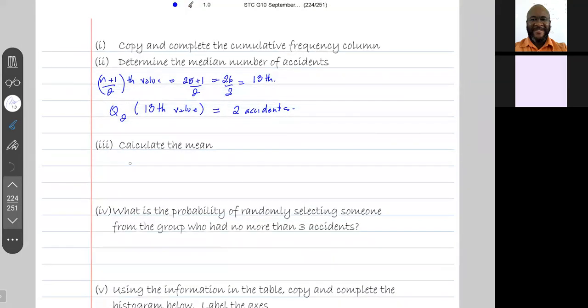So the mean, x bar, is the sum of fx over n, which is equal to 54 over 25, which is, using my calculator, 2.16 accidents.